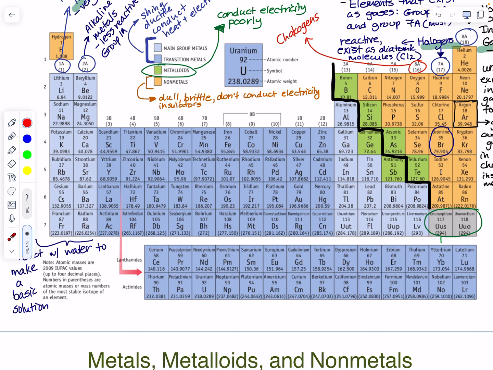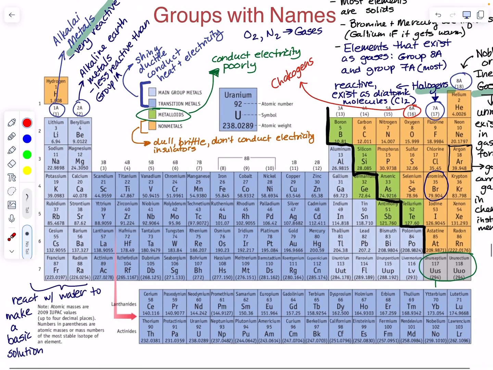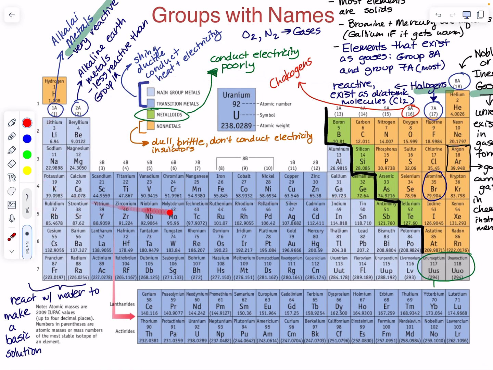So again, the materials that are going to do chemistry, okay, are kind of the things that are up here, okay? And then these materials here, the things with the really high atomic numbers, people make as intellectual exercises kind of thing.